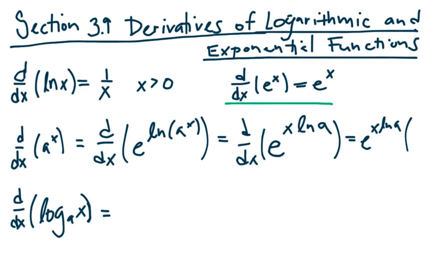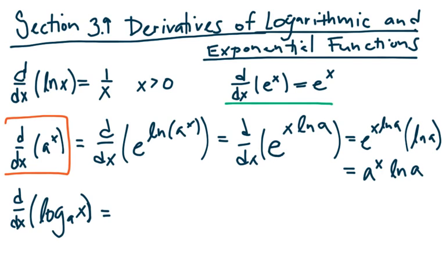Now ln of a is just a constant, so the derivative of x times a constant is just the constant ln of a. And I already said that e to the x ln of a is equivalent to a to the x, so this whole quantity is equal to a to the x times the natural log of a. So that's our nice little formula for the derivative of a to the x. It's equal to a to the x times the natural log of a.